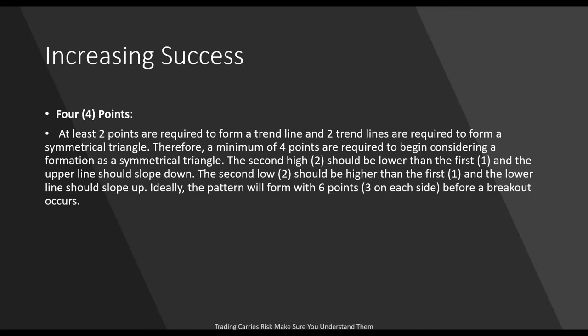Then we want at least 2 points to form a trend line, and 2 trend lines are required to form a symmetrical triangle. So in other words, you could see lots of small triangles that don't have a real pattern. Just because you can connect a support line and a resistance line, or call them trend lines, and put them together to form a triangle, doesn't really mean you have a valid triangle.